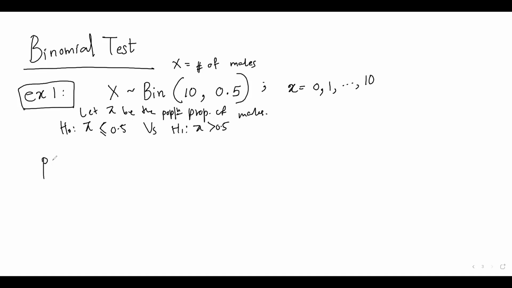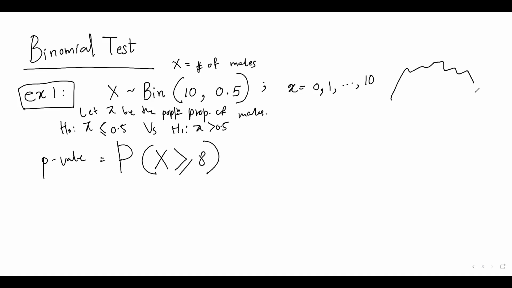So how do we do the p-value? It is equal to the probability that X, this is our sample, is greater than or equal to 8. We always have to put this one, right? This is the number of males in the sample. So this is what we check from the probability.